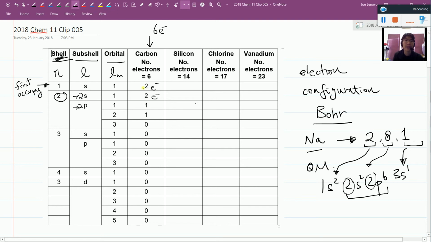After we fill the first two electrons in 1s and the second two electrons in 2s, we only have two electrons left for this carbon atom. Then we would move on to the third shell, where you have 3s, 3p, and 3d.